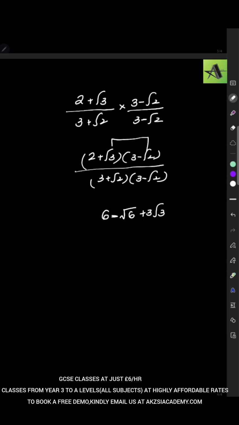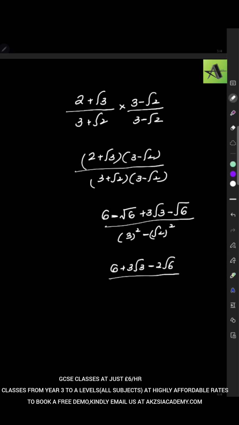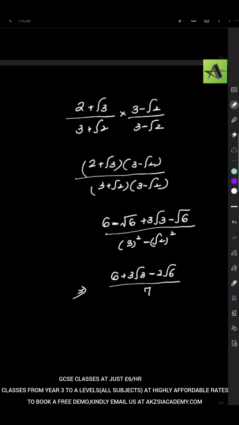And root 3 times root 2 will give me negative root 6. Over a plus b times a minus b, a squared minus b squared. So this will give me 6 plus 3 root 3 minus 2 root 6 over 9 minus 2, which is 7.